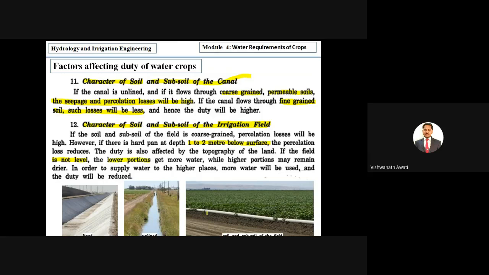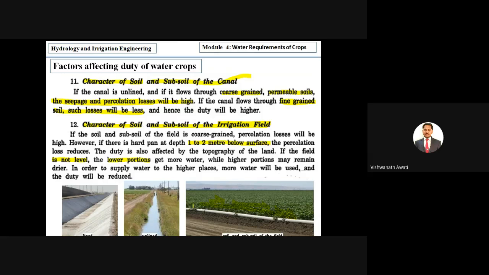Due to gravity flow, water will flow towards the lower portion and higher portions will get less water. And if you want to supply water to the higher places, then more water is used. When you are using more water, then duty reduces, correct?